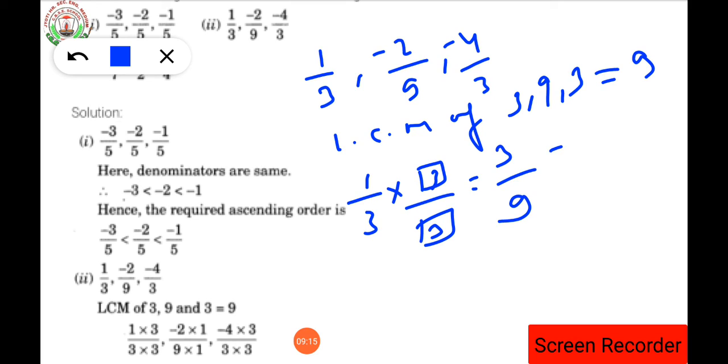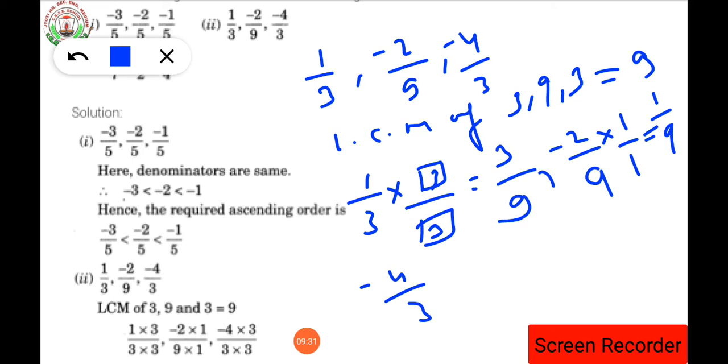So here it will be 3 by 9. Next number we are having minus 2 by 9. So 1 will be multiplied obviously, because 9 is present in the denominator, and we have got the LCM as 9 itself. Then again minus 4 by 3 will be multiplied by 3, because we want the LCM 9. So here minus 12, isn't it?